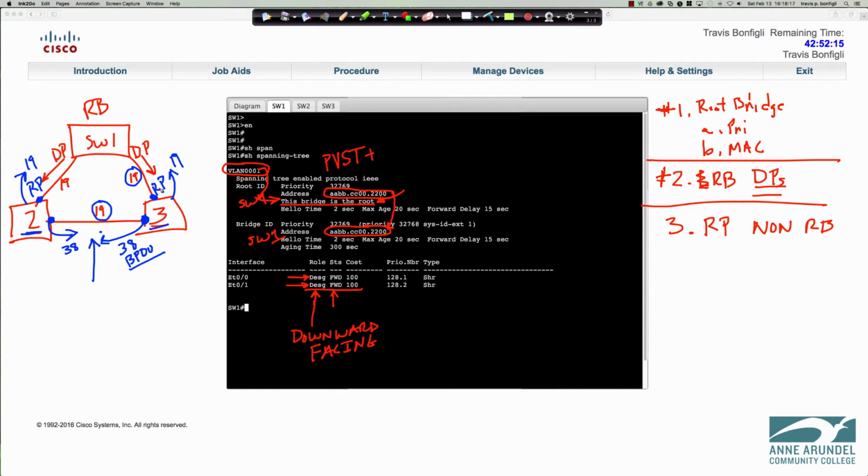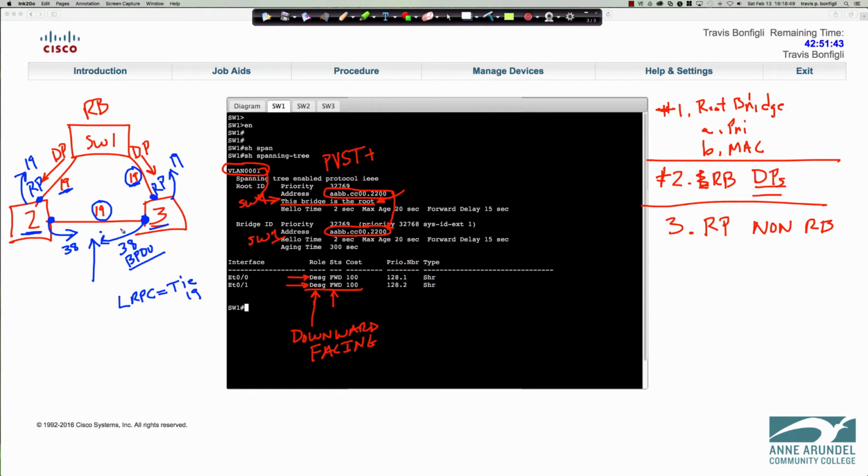Well, switch 3 is going to say, I can get there in 19. Switch 2 is going to say, well, hey, wait a minute, I can get there in 19. So the lowest root path cost is going to be a tie because they're both 19. So then we have to move down to who is the lowest sender MAC address. And so what that comes down to is switch 3 has a MAC address and switch 2 has a MAC address.